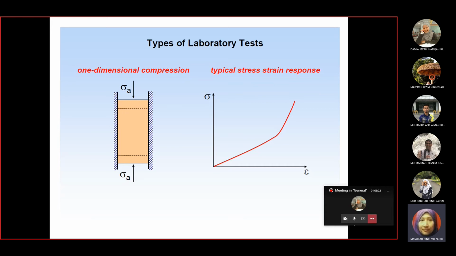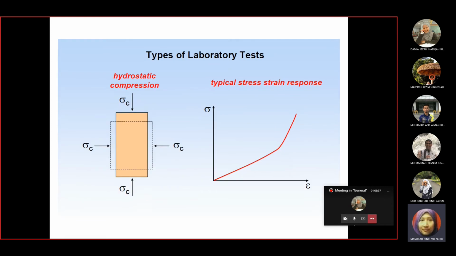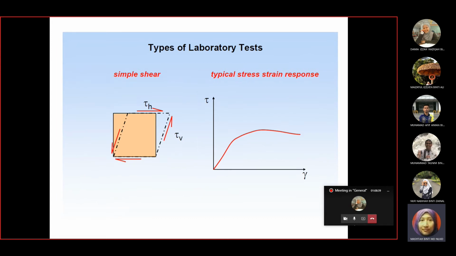Bila kita cerita pasal consolidation, dia melibatkan the dissipation of the water, the excess pore water pressure. Berapa nilai stress yang you apply dengan berapa jumlah air yang terkeluarkan daripada tanah tersebut. Okay, kalau you melibatkan hydrostatic compression, ini if you have a shear box test, contohnya simple shear.